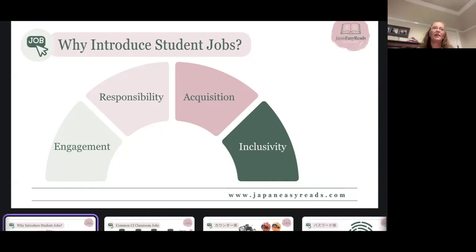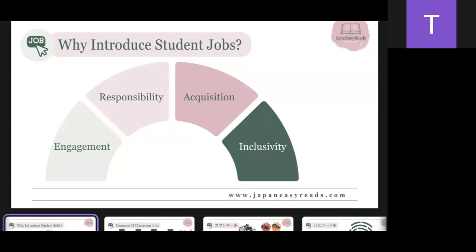And as a result, they are more inclined to take risks and to interact more actively. Number 2, responsibility. The student jobs really promote ownership of routines and tasks, spreading the workload, I suppose.